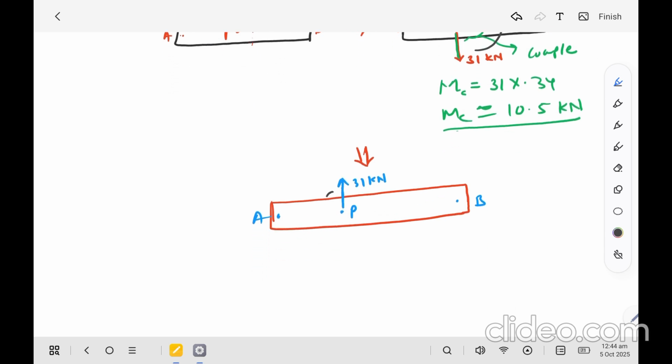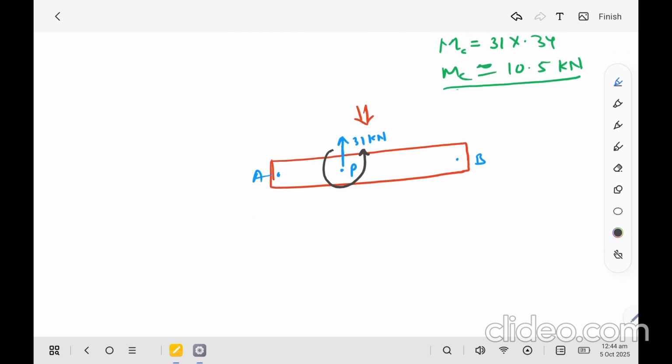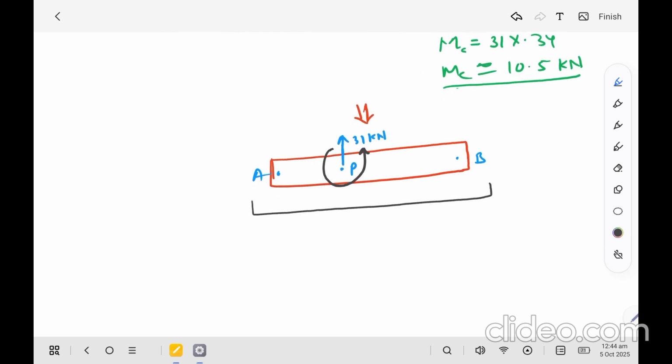So this is what we want to get. Now we replace all the parallel forces by a single force of 30 kilonewton at point P, and a couple of moment, the value is 10 kilonewton meter. So this is the way to solve this type of problem.